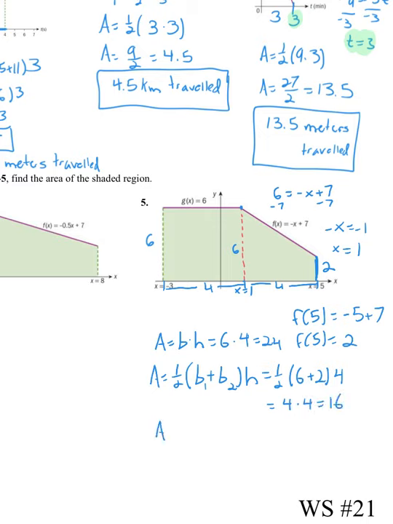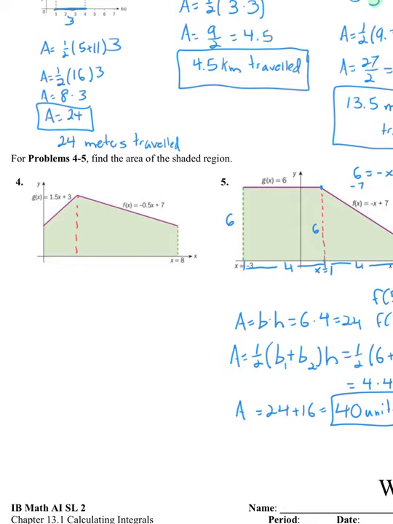And then the total area, 24 plus 16 is 40. And there's no units given, so we can just say 40 units squared. All right, that'd be for problem 5.